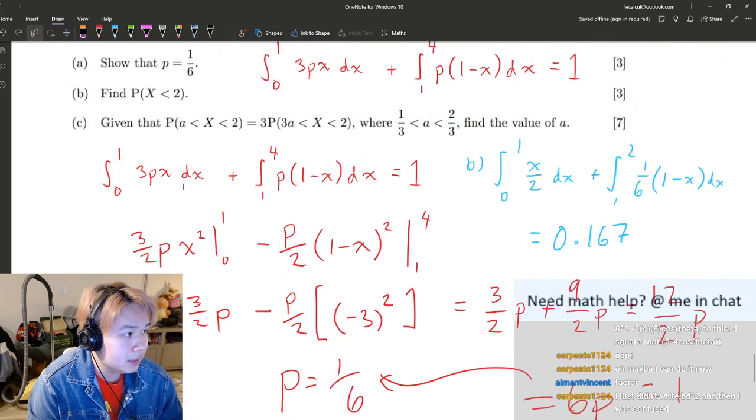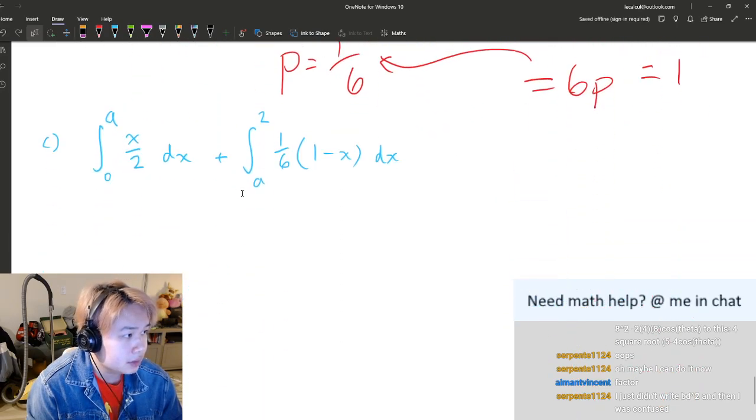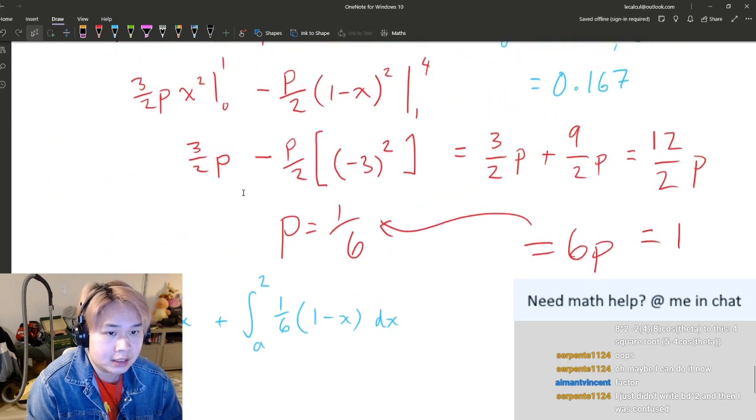So this is the probability of being between A and 2. So we can probably evaluate this, right?